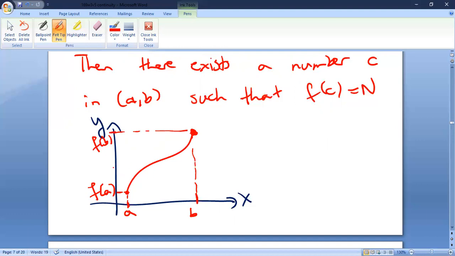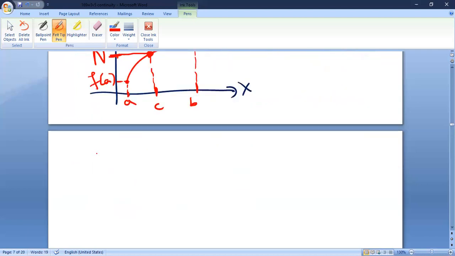So if n is somewhere in between here, then this theorem is saying that f is continuous on the closed interval A to B, and if n is between f of A and f of B, then there must be some number C in the interval A to B. Okay, so this is what this theorem is saying. But let me show you an application of this.